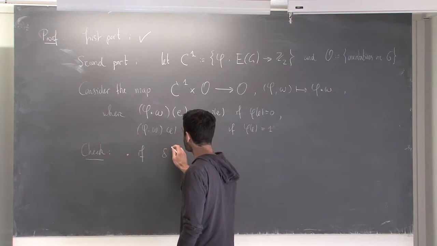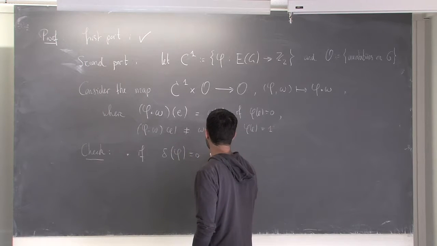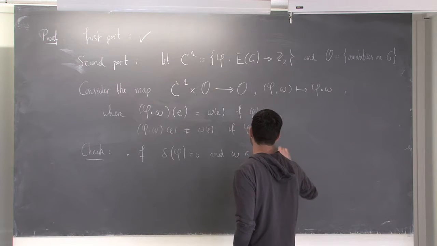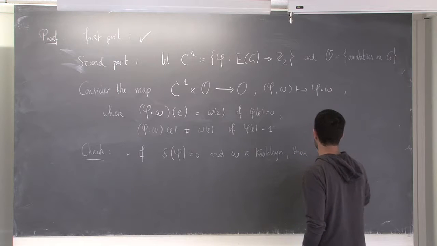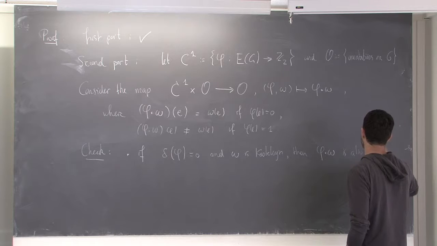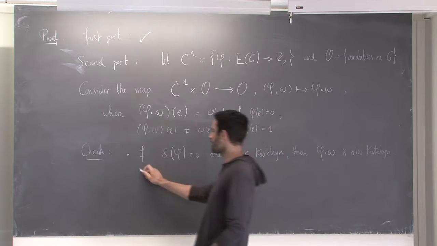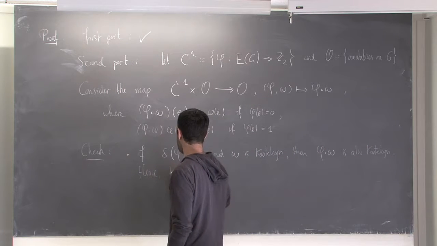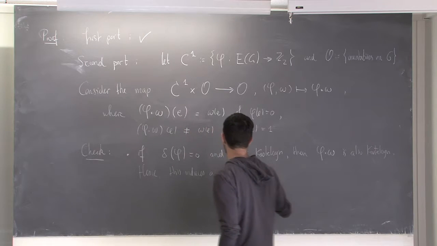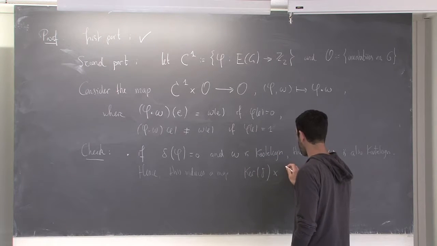And if this operator acting on phi is equal to 0 and omega is Castelline, then the result of this action is still Castelline. Hence, this induces a map or an action from the kernel of this operator on the set of Castelline orientations.